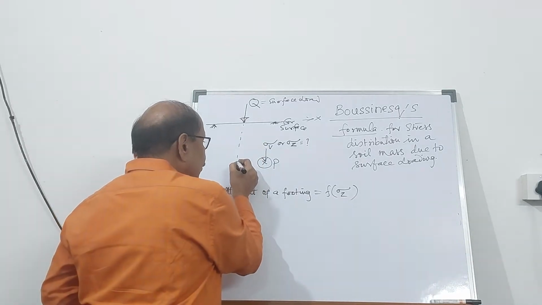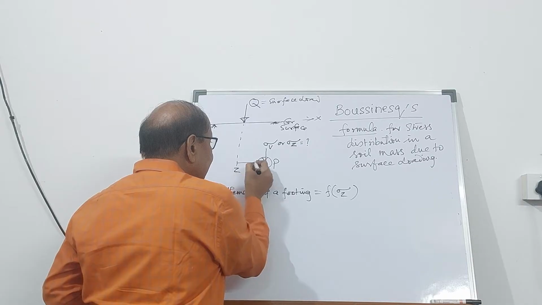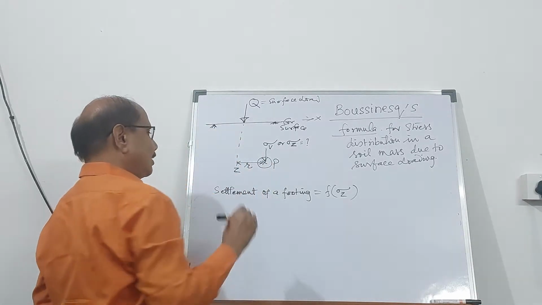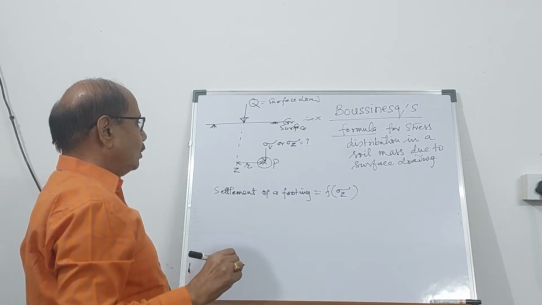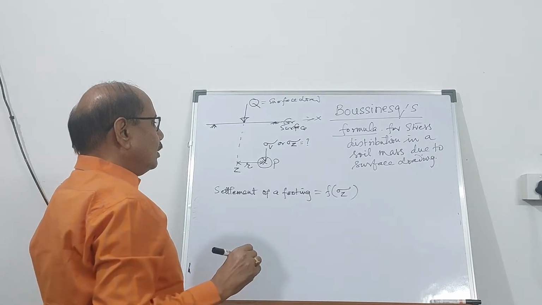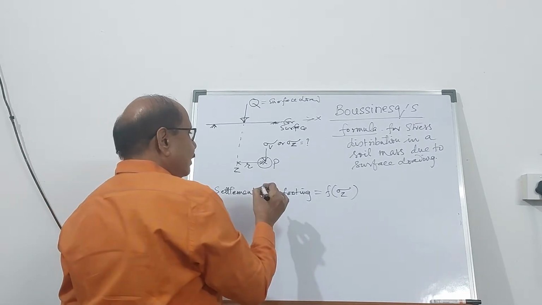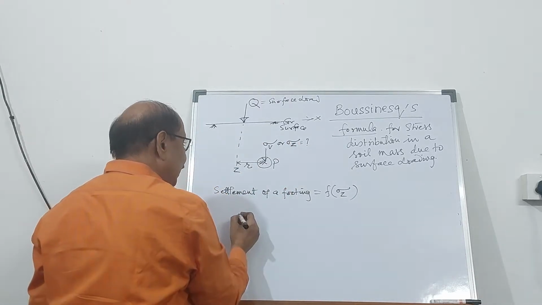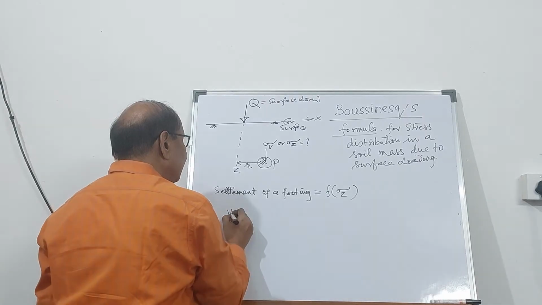So perpendicular to this z, let's say the horizontal distance is r. Then how to find out the magnitude of this vertical stress?